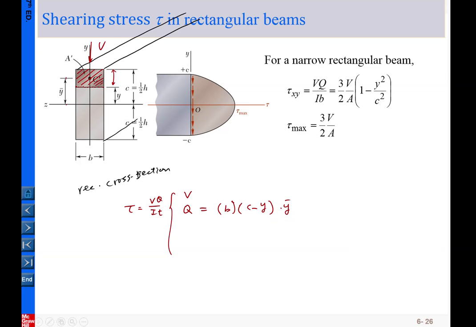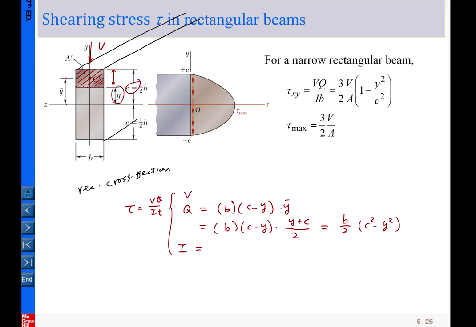So what is y bar? Let me do a little bit of multiplication here. That is b times c minus y, and y bar is the average of this quantity and this quantity, so that is y plus c over 2. So the Q you can determine is b over 2 times c squared minus y squared.